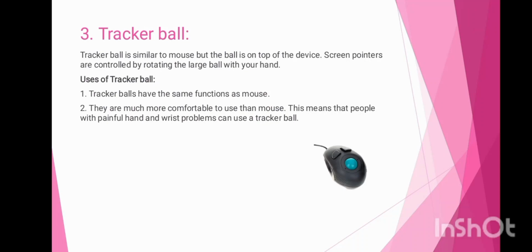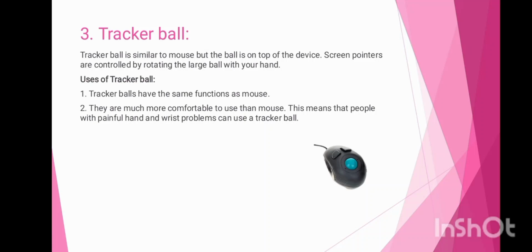Next one, trackerball. A trackerball is similar to a mouse, but the large ball is on top of the device. The screen pointer is controlled by rotating the large ball with your hand. Uses of trackerball. A trackerball has the same functions as a mouse. They are much more comfortable for users than a mouse.